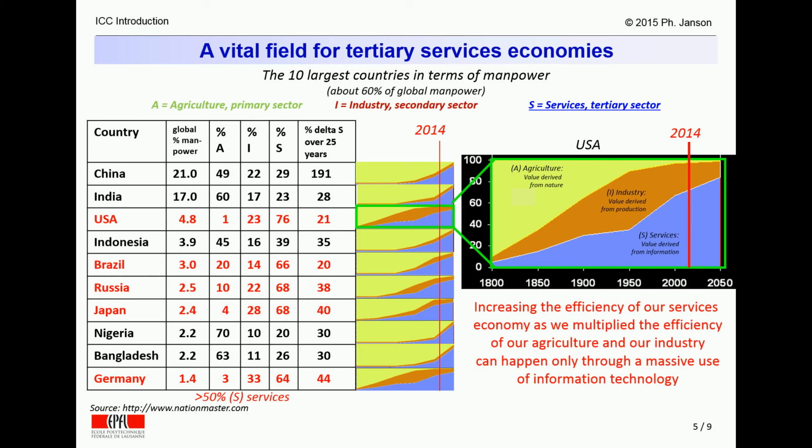Instead, the fuel for that sector is information, and its engines are computing and communication. Not only are these vital for the sector, but more of them is the only way to raise its productivity, as mechanization and robotics did for the agriculture and industry sectors.